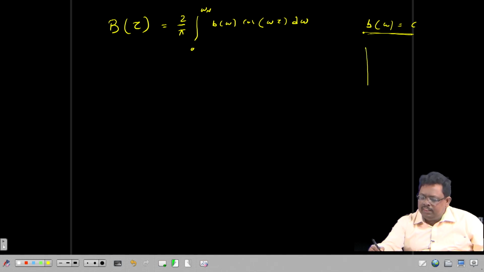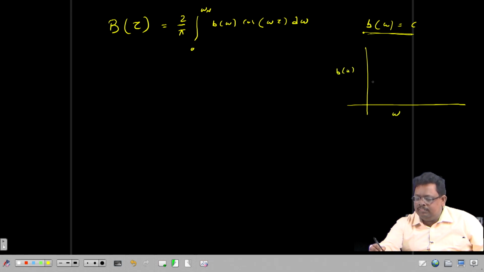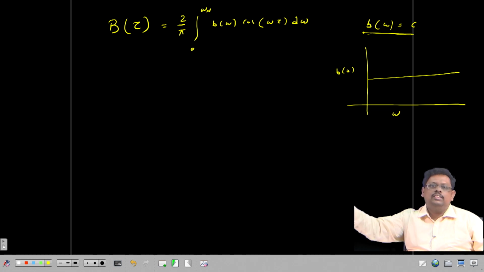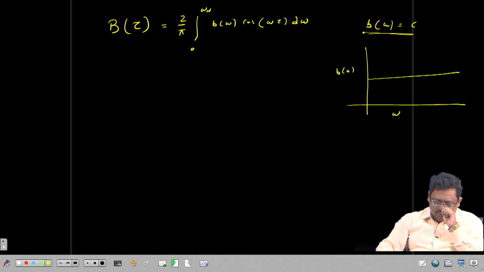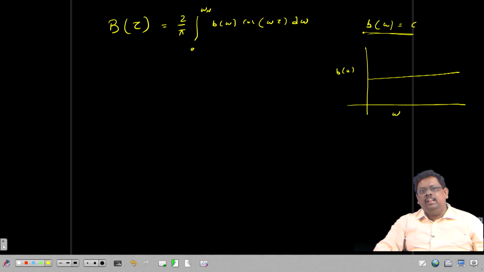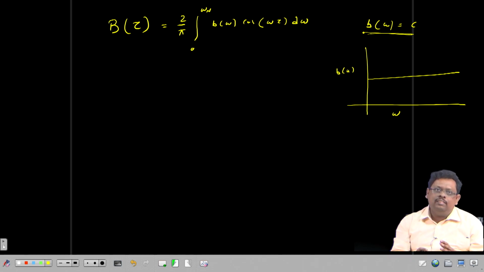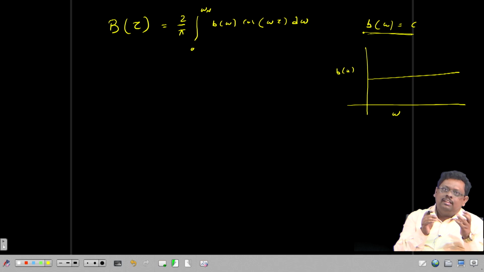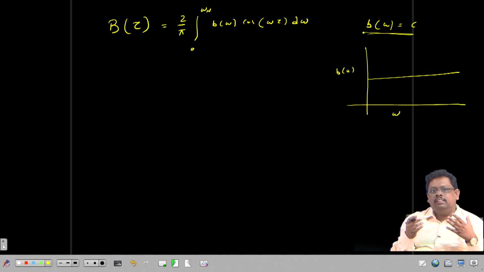I am assuming that over omega it is a constant throughout. I know this is a very vague assumption, but this very simple thing really helps you understand the nature of the solution, something like this.